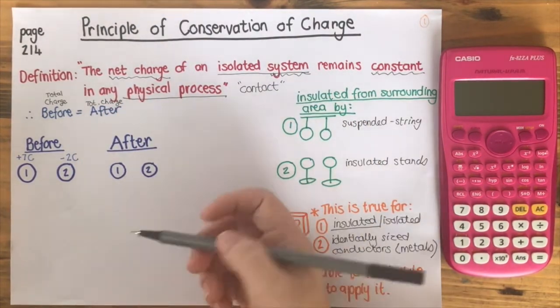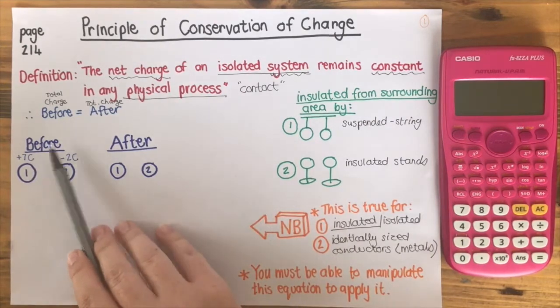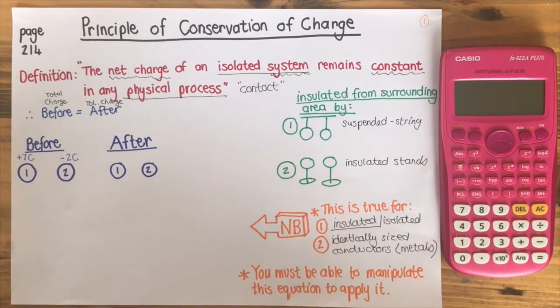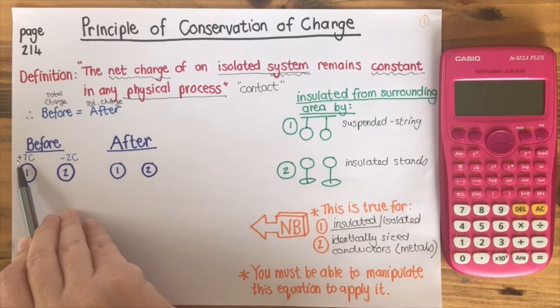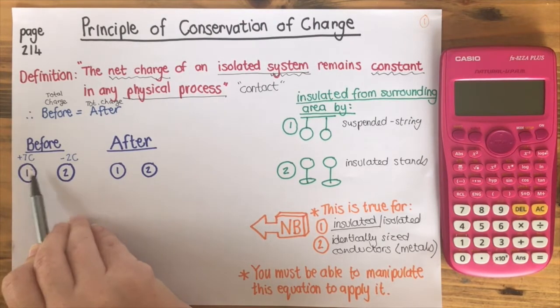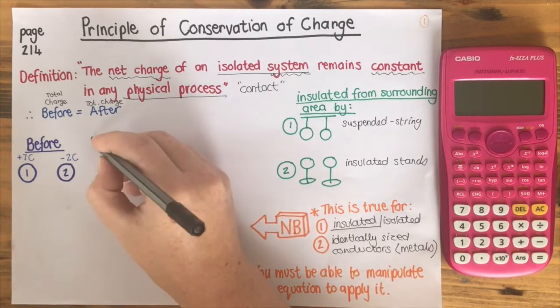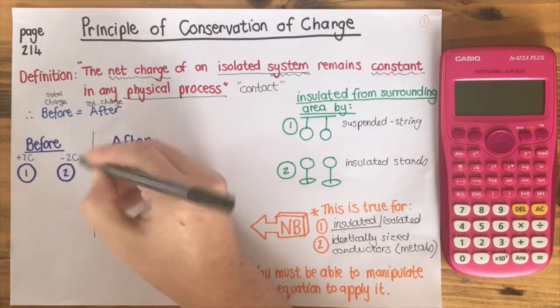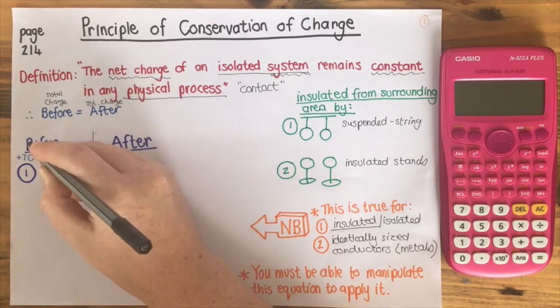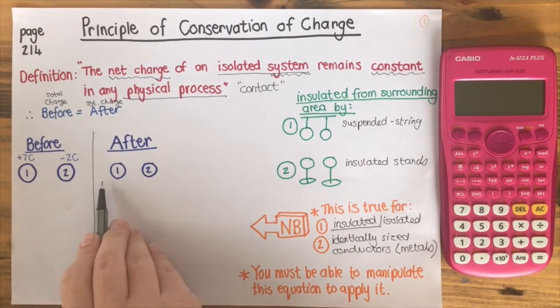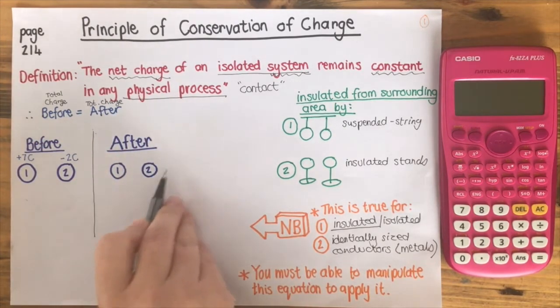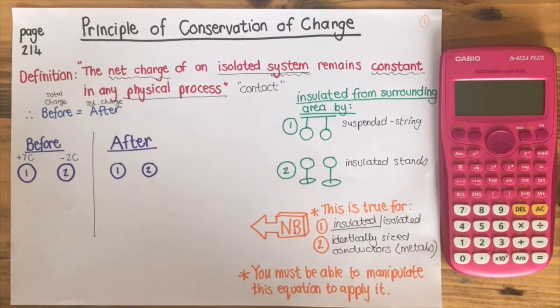If I were to give you a question that said, before contact there are 2 spheres, the first sphere has a charge of plus 7 coulombs and the second sphere has a charge of minus 2 coulombs, we could say that the total charge before is equal to the total charge after the contact has been made.